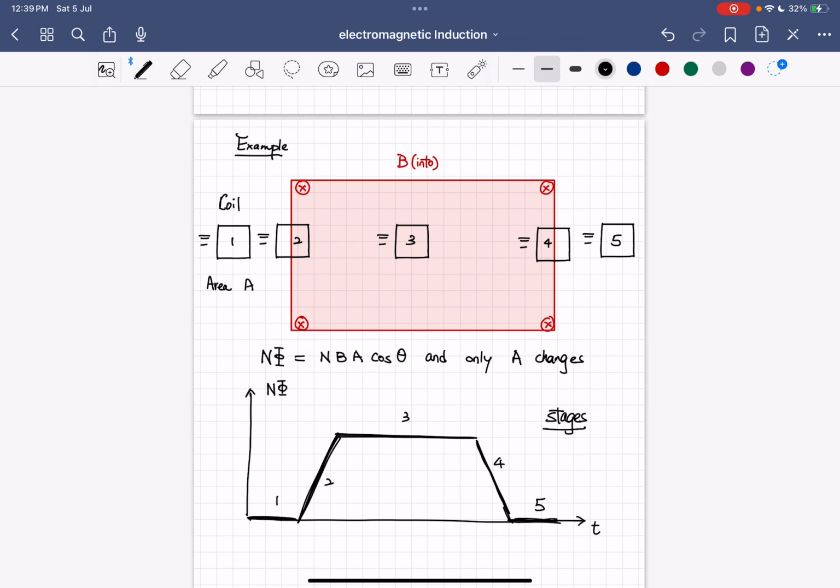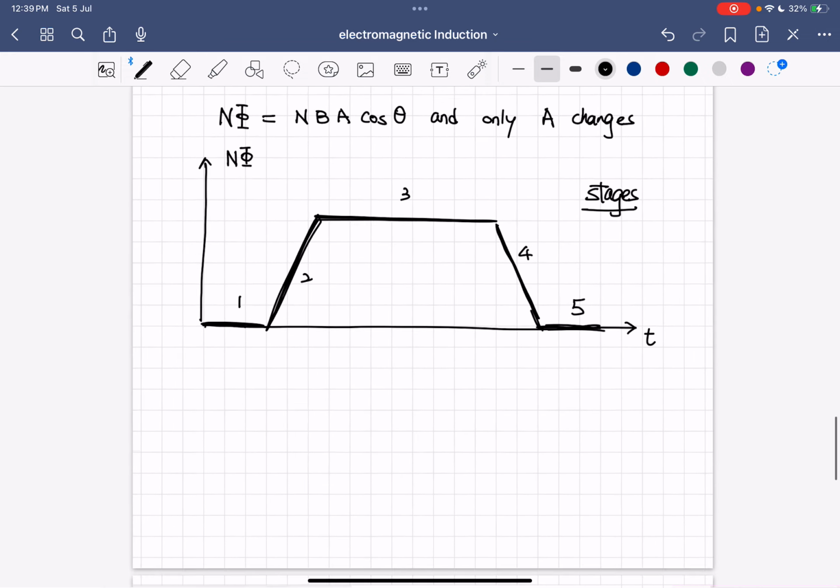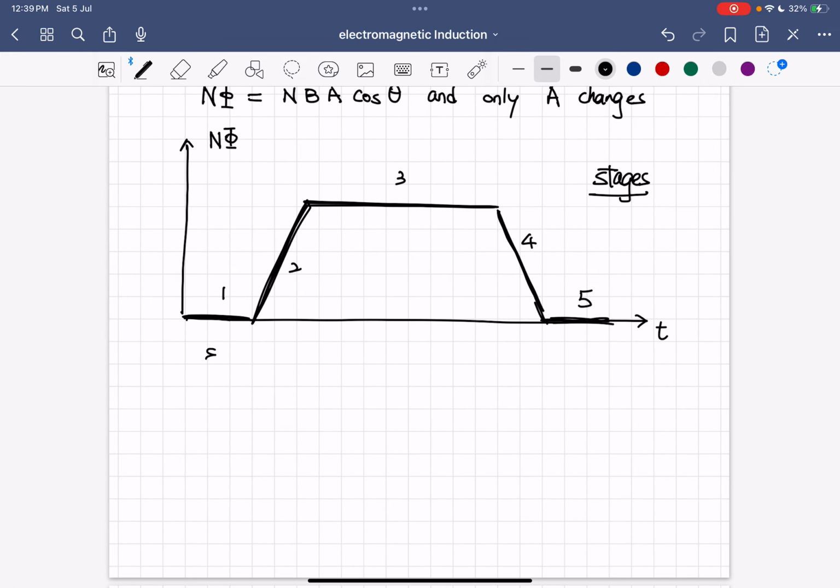Now, there is a change in the magnetic flux linkage. So, according to Faraday's law, there should be an EMF induced. Because EMF induced is equal to the negative of the change in magnetic flux linkage over time. Therefore, what we're doing now is just a gradient.